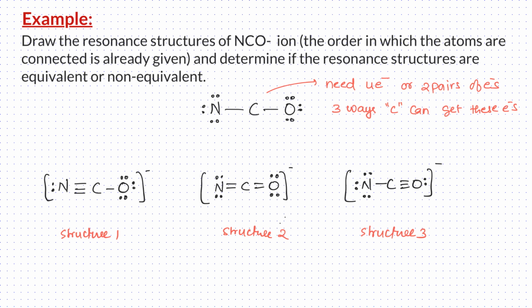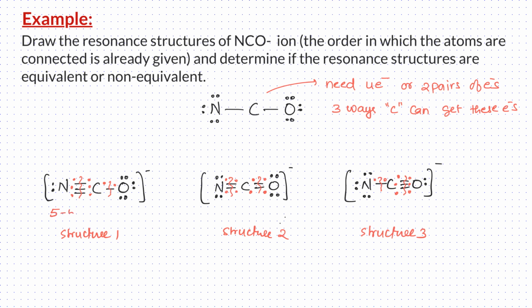Now I'm going to calculate the formal charges. To do that, I'm going to break all the bonds in all the resonance structures, and whenever I break a bond, I assign 1 electron each to the participating atoms. Nitrogen belongs to group 5A, so the number of valence electrons in its free state is 5, and I have 5 dots around nitrogen in this structure.